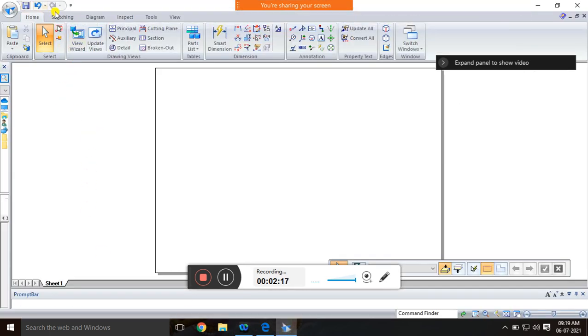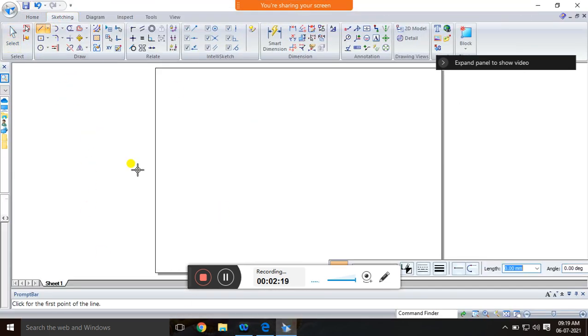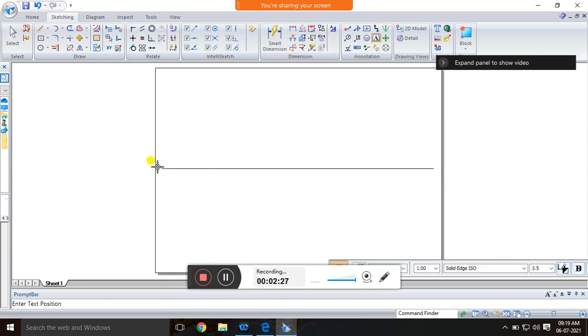The first thing is, of course, the same. You have to draw the XY line, and show this is X and this one is Y, and above XY is VP and below is HP.